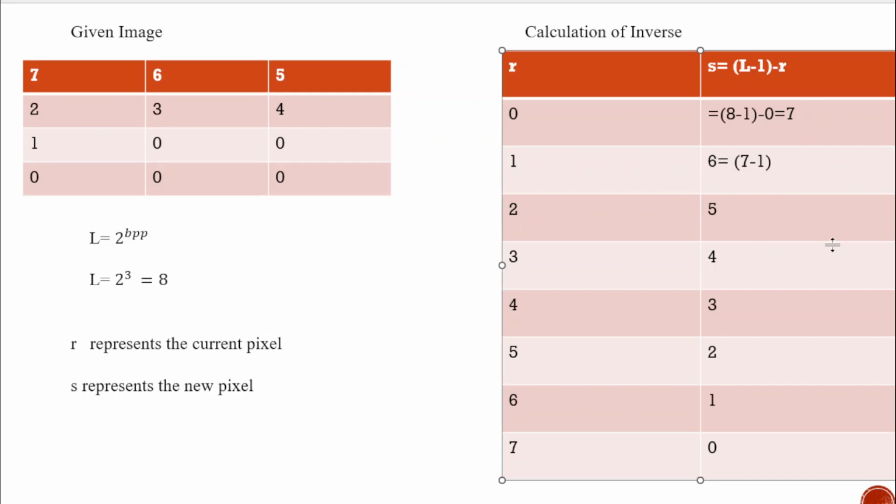For the pixel value 2, the formula remains the same, 7 minus 2, which becomes 5. Again, 7 minus 3 is 4. 7 minus 4 is 3, 7 minus 5 is 2, 7 minus 6 is 1, 7 minus 7 is 0. As you see, it is reversing the values. The darkest pixel, 0, is becoming the brightest pixel, 7, and the brightest pixel, 7, is becoming the darkest pixel, 0.